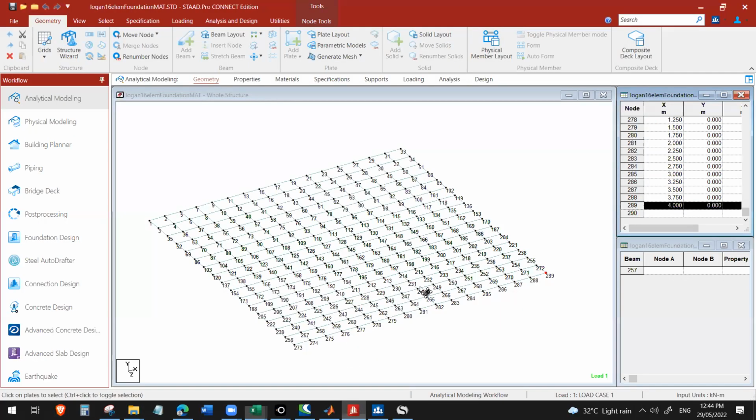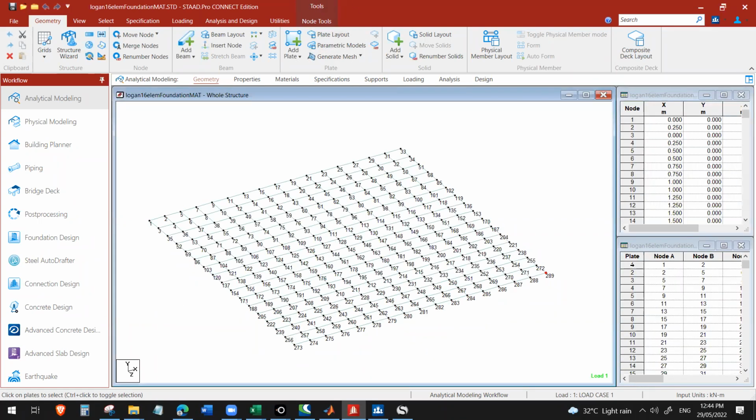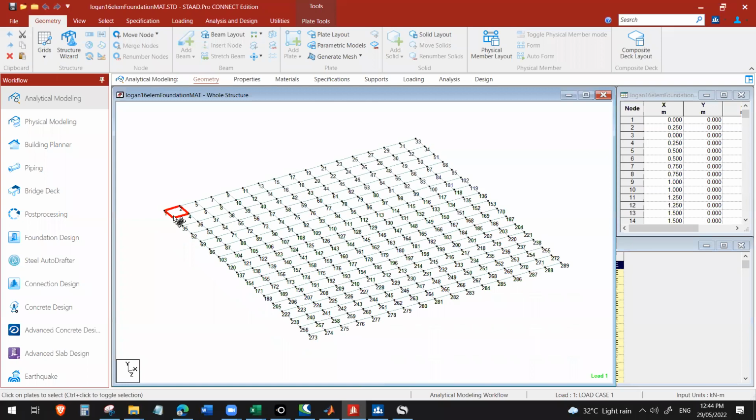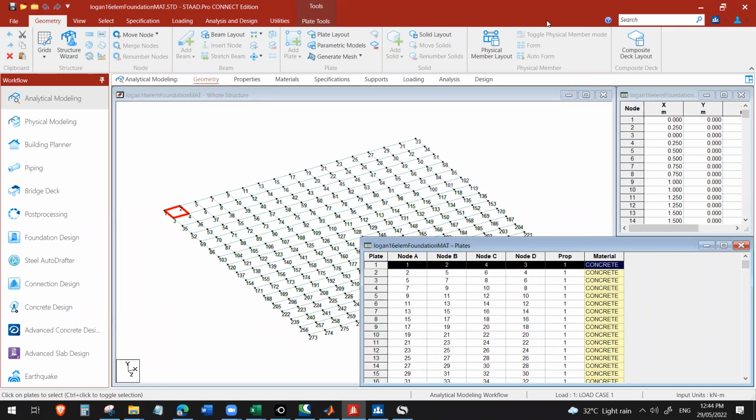So, to quickly get the incidence, you proceed with the plate layout. Yeah. So, this is STAAD's incidence: 1, 2, 4, 3. If I draw this, it's 1, 2, 4, 3. So yeah, it's clockwise, right?